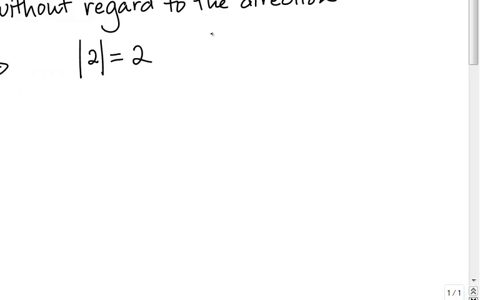If I said the absolute value of -3, you count the spaces from 0, and -3 is 3 spaces. So that is considered the absolute value. Okay? So that's a real good definition to use. It's the distance from 0 on a number line without regard to the direction.